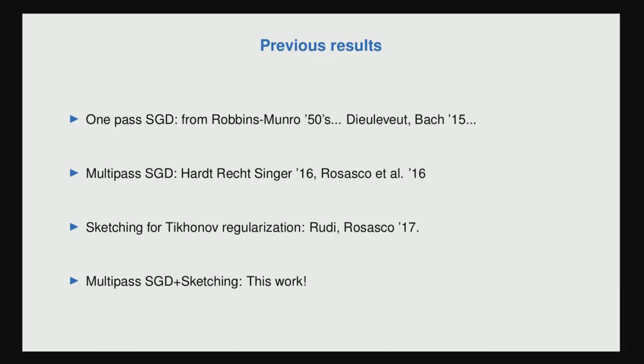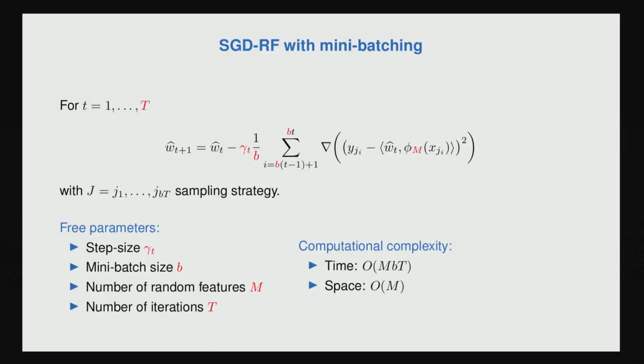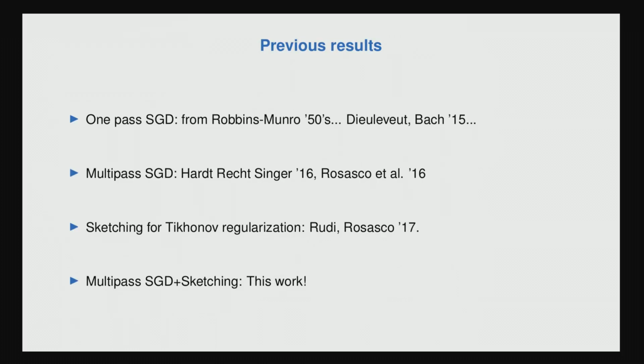People have studied more recently multiple pass stochastic gradient descent, so I allow myself to look at my data more than once. Then again, recently people have studied the effect of sketching, but not in the setting of any iterative methods, in particular not on stochastic gradient descent, but only on ridge regression problems. So somehow here we are trying to put everything together and see what we can say.